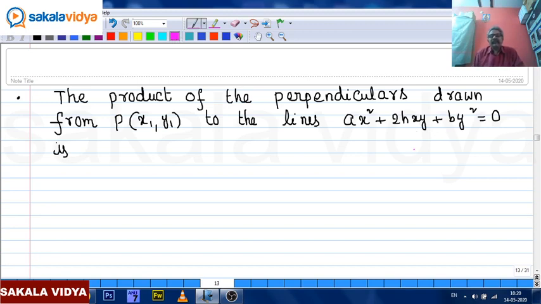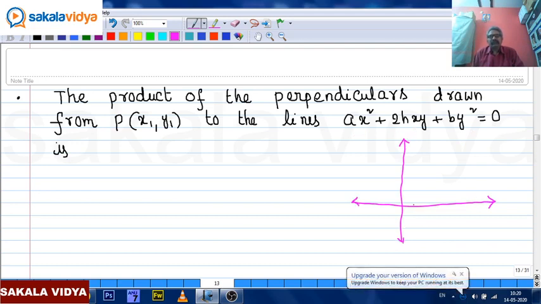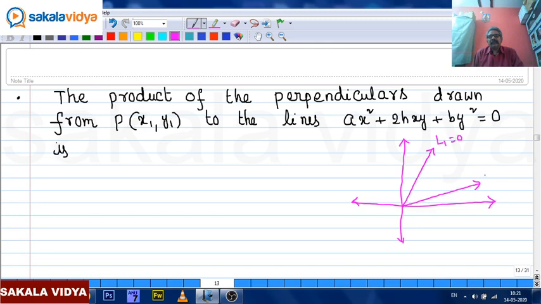The product of the perpendicular distances drawn from (x1, y1) to the lines ax square plus 2hxy plus by square is equal to 0 is. So that means the pair of lines ax square plus 2hxy plus by square is represented by two lines passing through the origin. This is L1 equals 0, L2 equals 0. This is the origin.